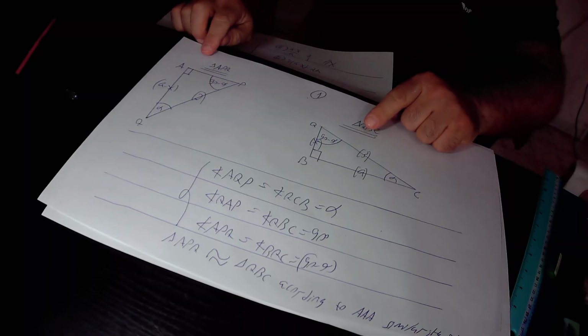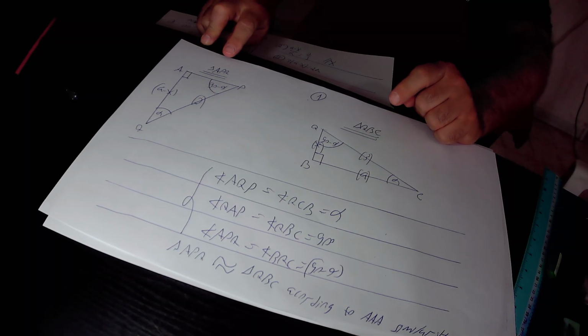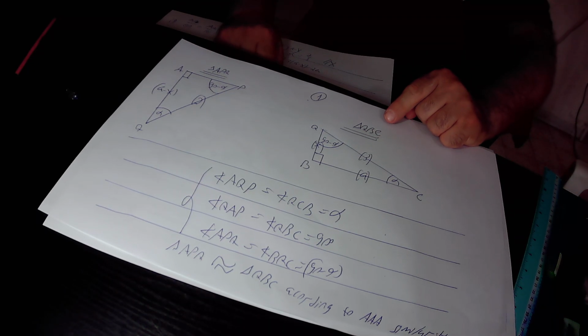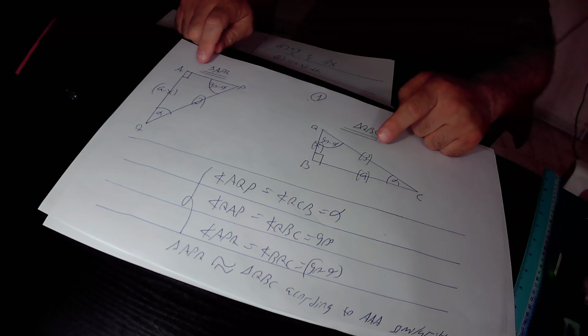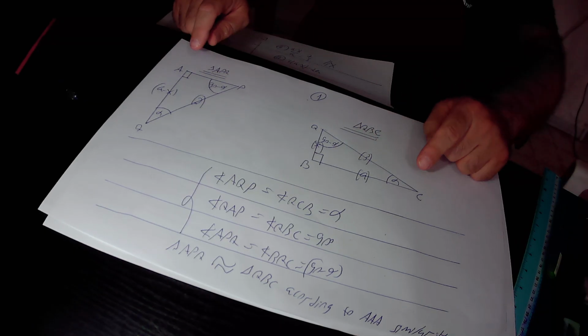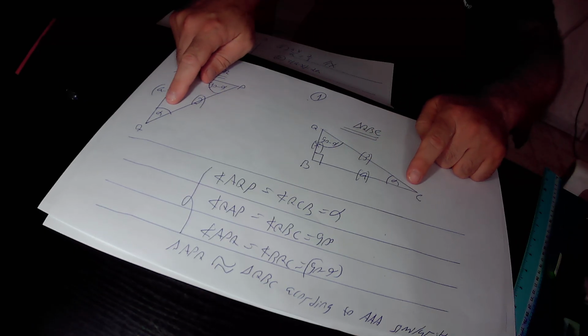So okay, those are the two right triangles, triangle APQ and triangle QBC, that come from the original drawing. In the next step, we prove that those two triangles are similar to each other according to the angle similarity rule. So why are those two right triangles similar to each other? First of all, those two angles are both equal to alpha, therefore they are equal to each other.